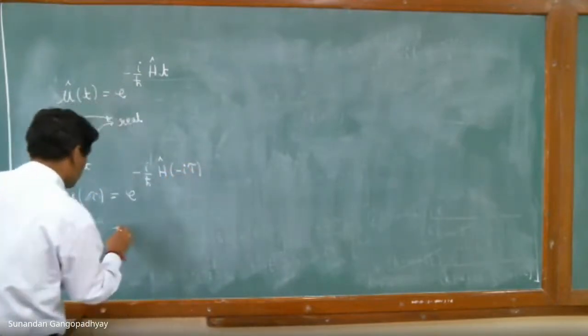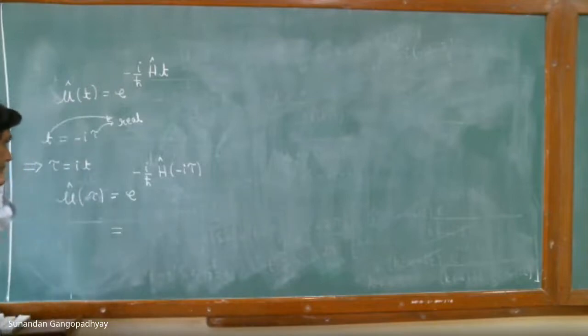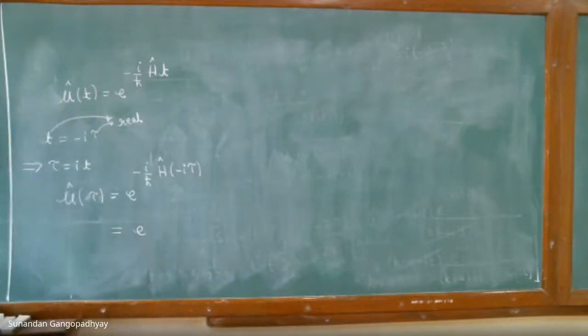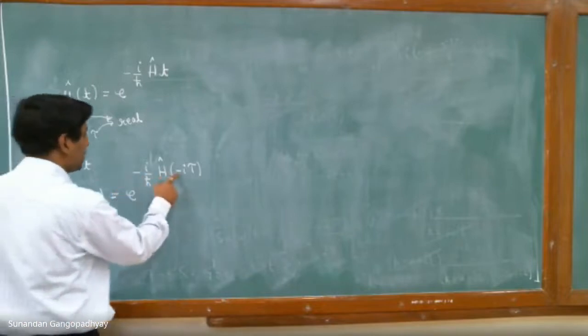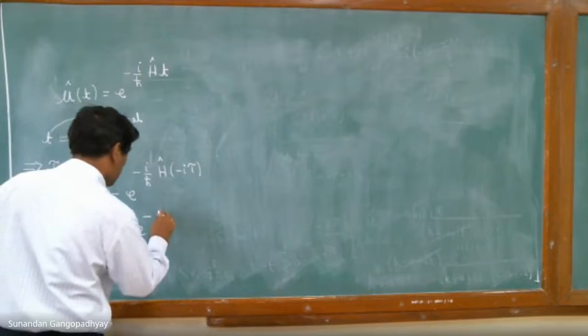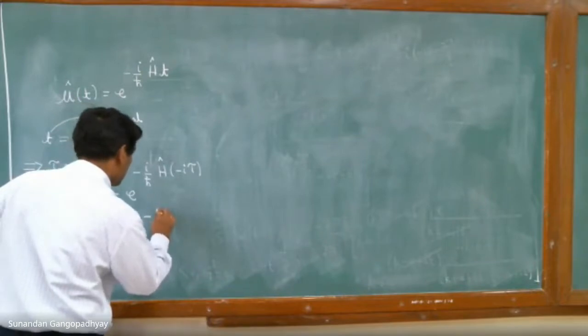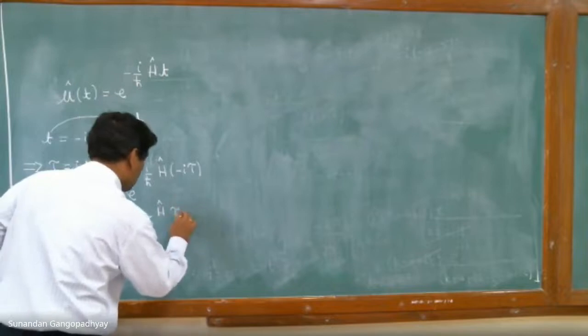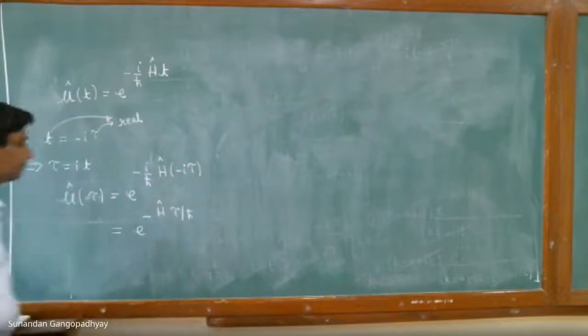So therefore, this is equal to e to the power of, so this minus, i into i is minus, therefore we have, this is H hat tau by h bar. So this is what we have.